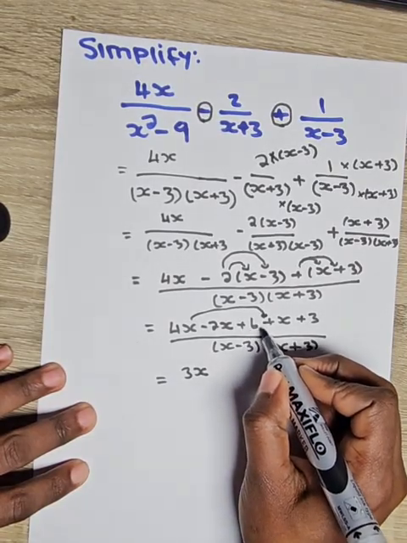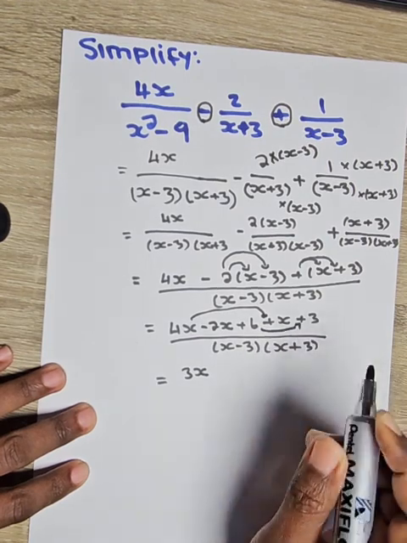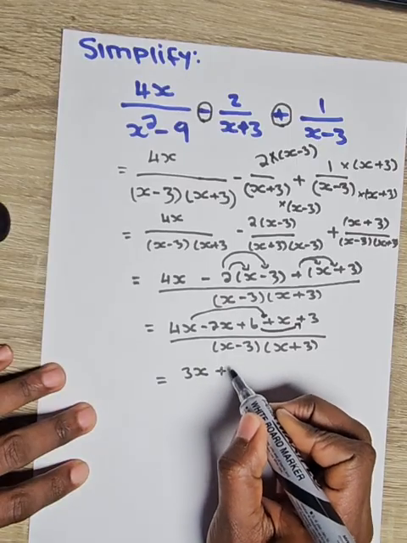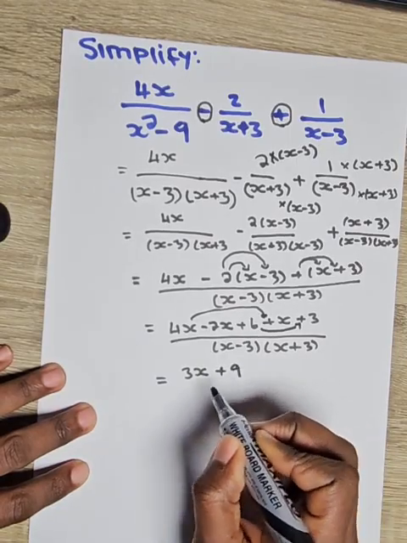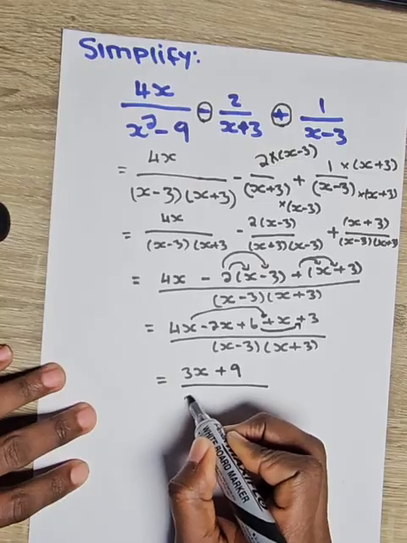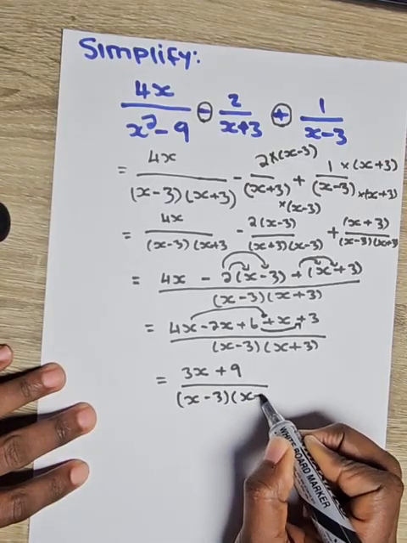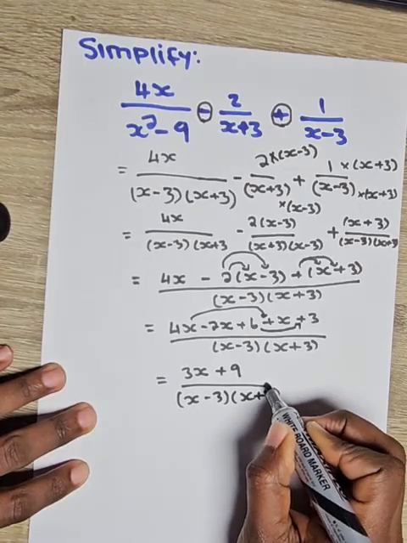On the constant terms, we have plus 3 and plus 6, which give plus 9, over x minus 3 times x plus 3.